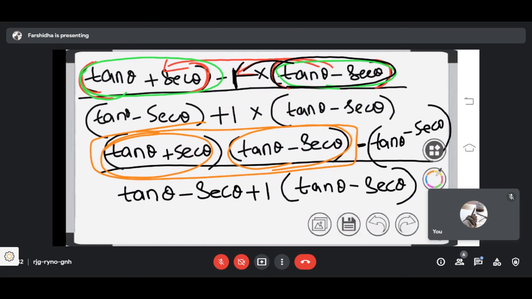So below the identity, I'll write tan square theta minus sec square theta, then everything as it is.